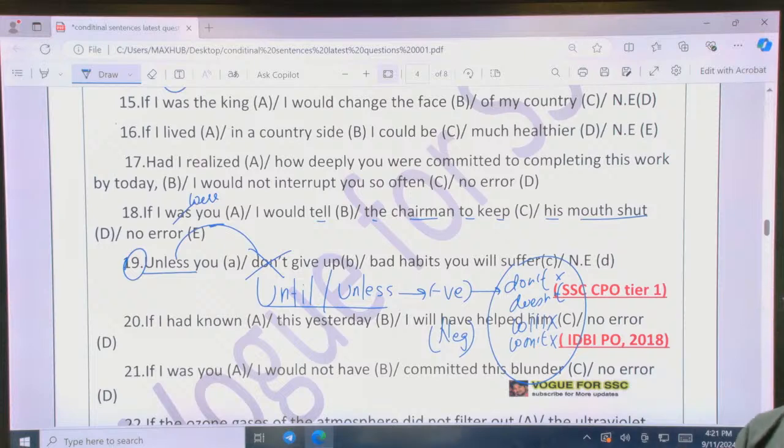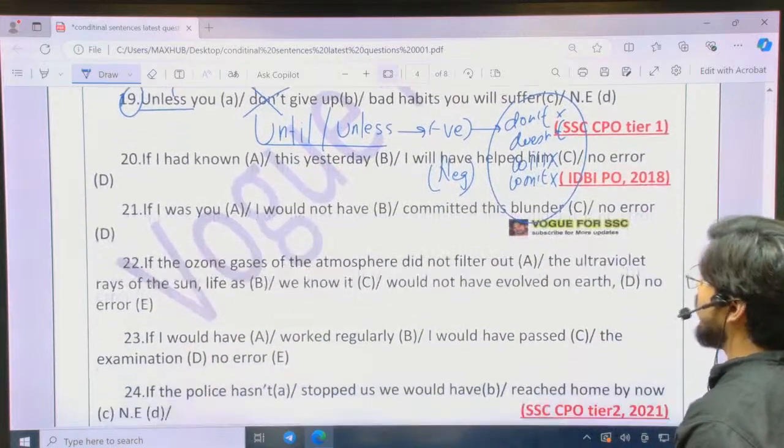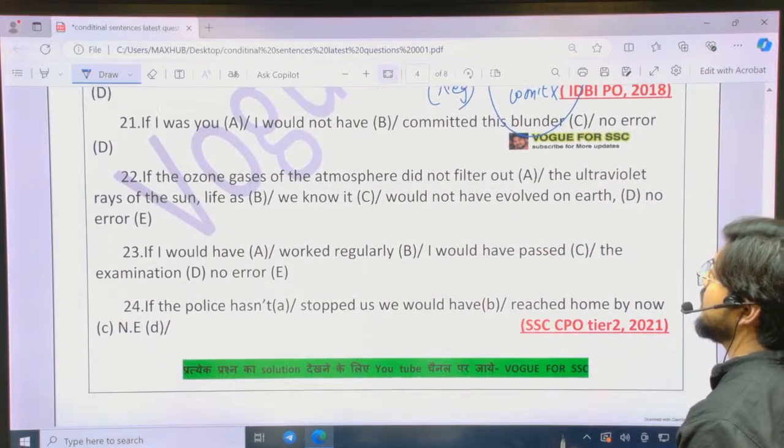Question number 21. If I were you, I would not have committed this blunder. If I were you, or I had been can also be the right answer.